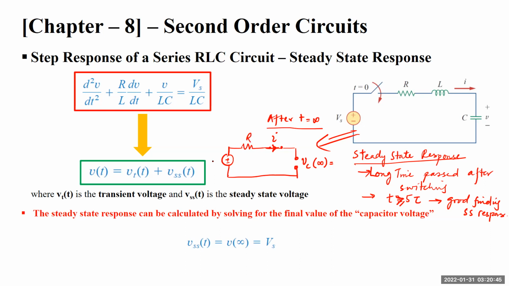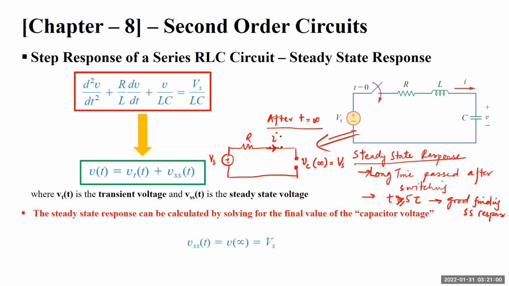So if we have voltage Vs over here, after time infinity this capacitor will charge to this source voltage, because this is the driving source that charges the capacitor.